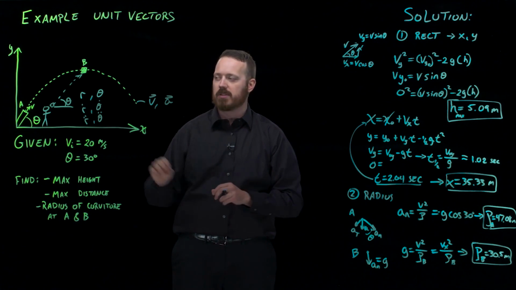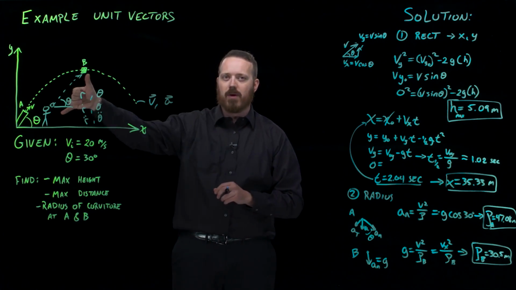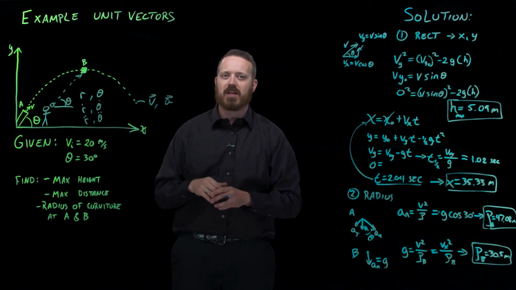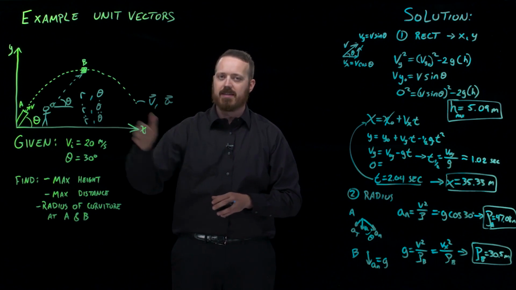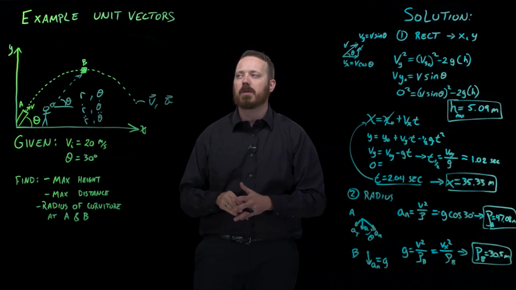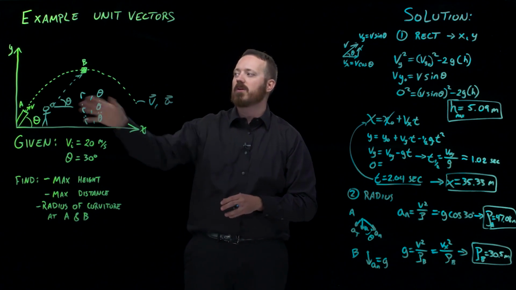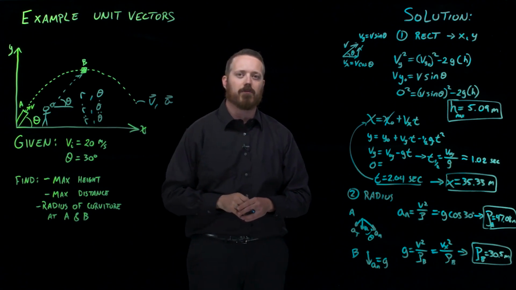So if you see keywords like it's this far away, it's 5 kilometers away, and the rate of change of the angle in that measurement is this, then that's telling you that you're probably going to want to use the radial and transverse components in order to find out the information that you're looking for.